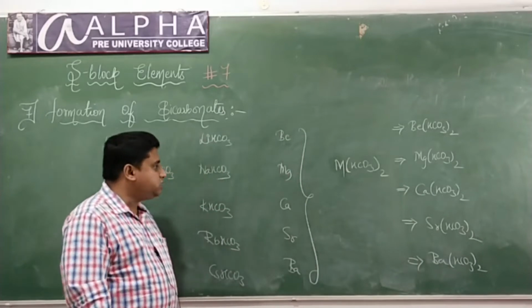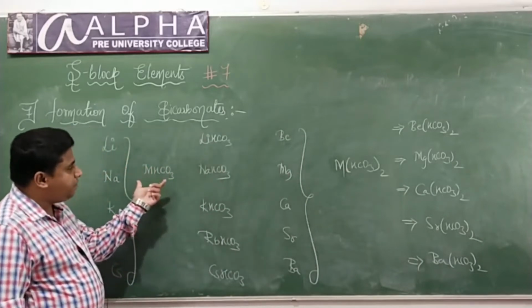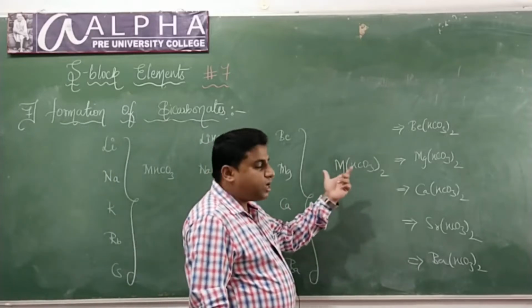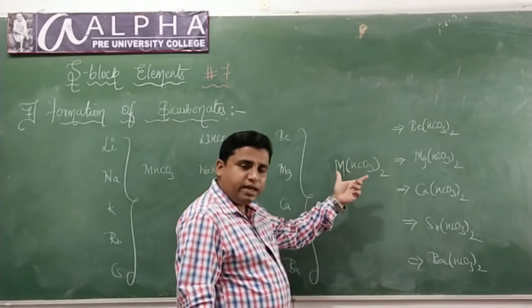So alkali metals form bicarbonates of the type MHCO3, and alkaline earth metals form bicarbonates of the type M(HCO3)2.